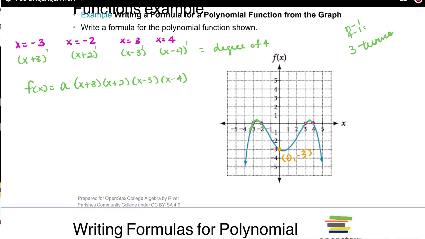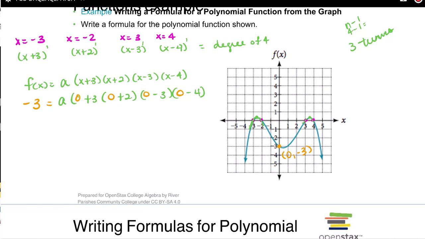So I'm going to put -3 in for f of x, and then everywhere I see an x, I'm going to put in 0. So I'm substituting in the point 0, -3, and I'm going to solve.